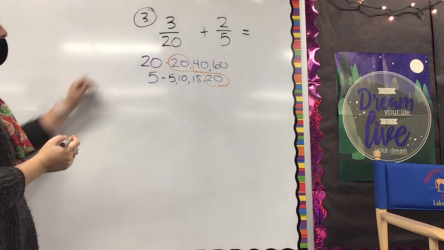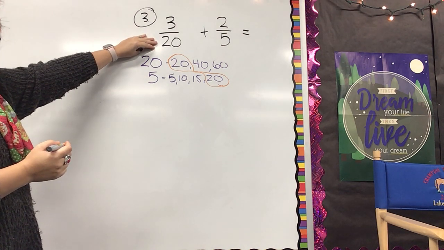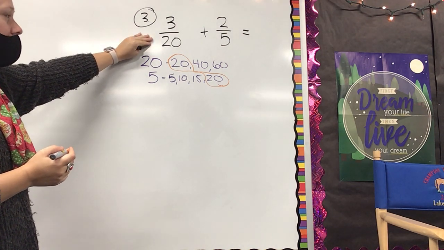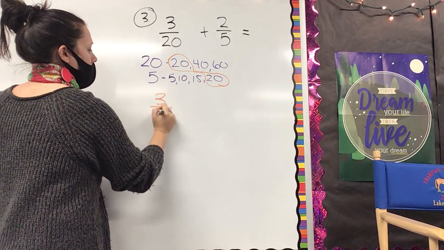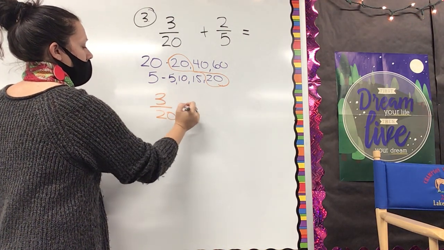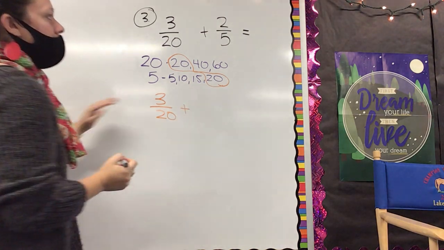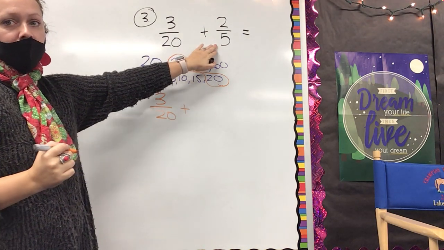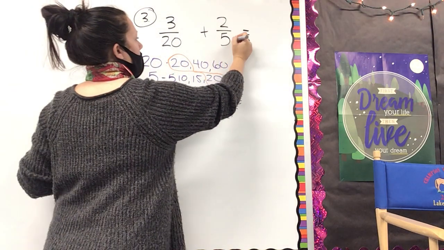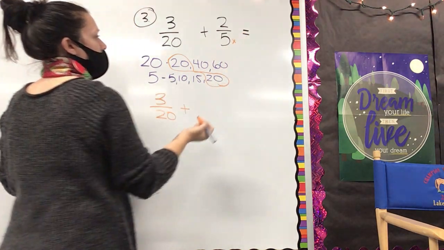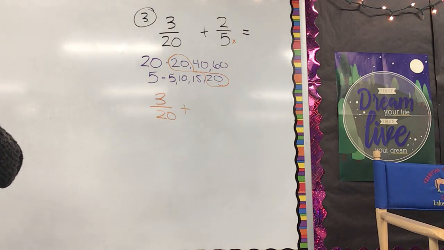All right, this one. What is that one already? 20. Do I need to change that fraction at all then? No, that is wonderful when one is already done for us. However, is this denominator 20? No, so I do need to change this one. 5 times what number is going to give me 20? 4.